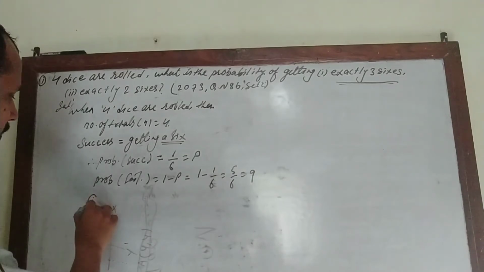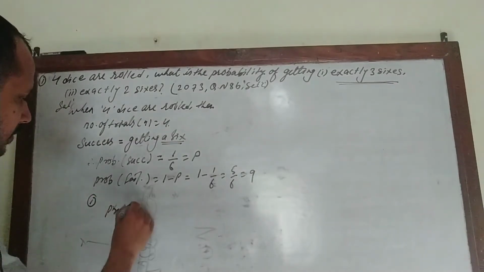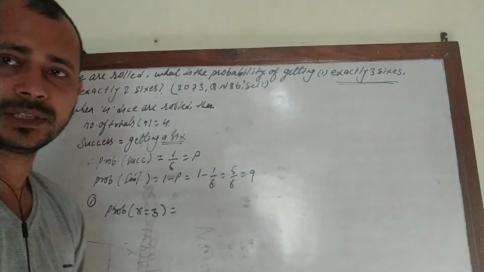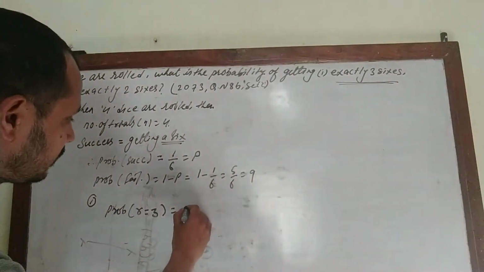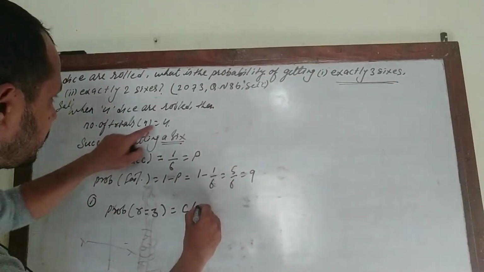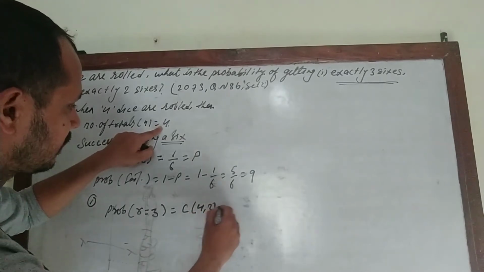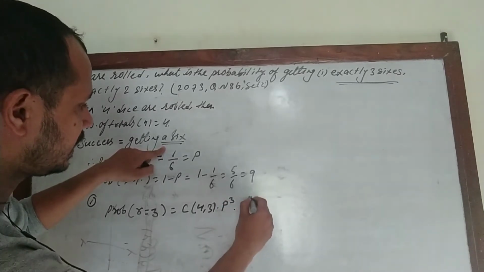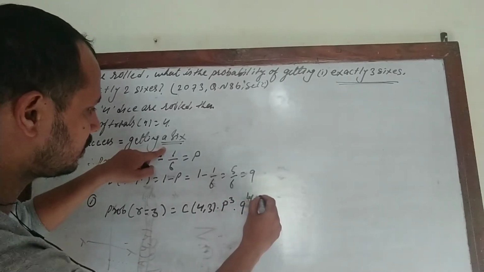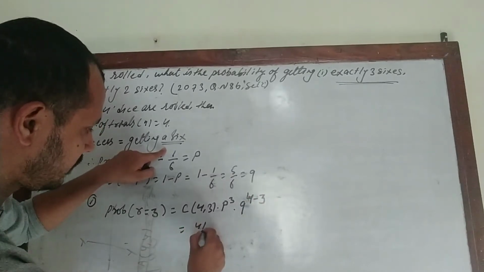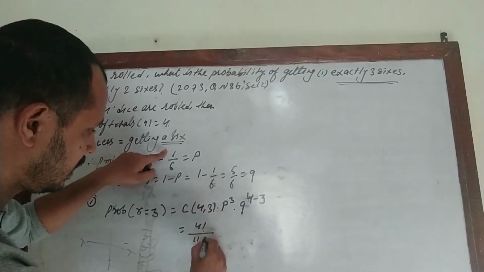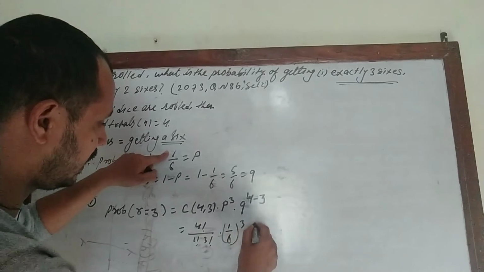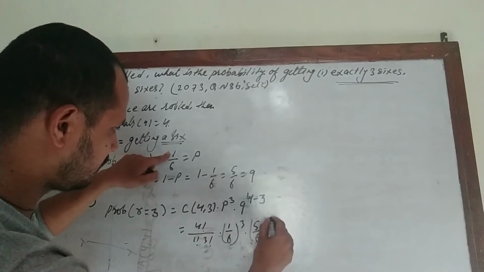So case 1, the probability of getting successful outcome 3 times. Using the formula C(n, r) p to the power r into q to the power n minus r, where n is 4, it gives n factorial over (n minus r) factorial r factorial. p is 1 by 6 cubed and q is 5 by 6 to the power 1.